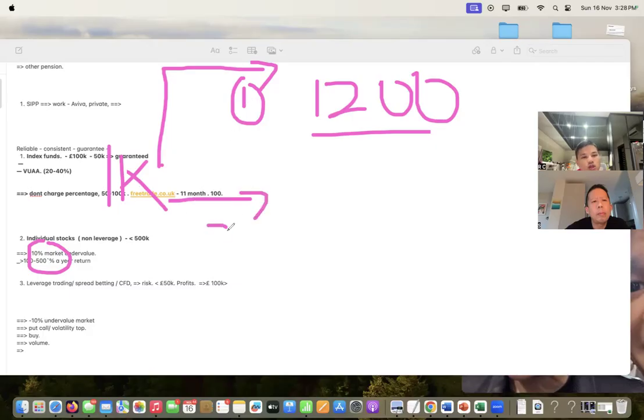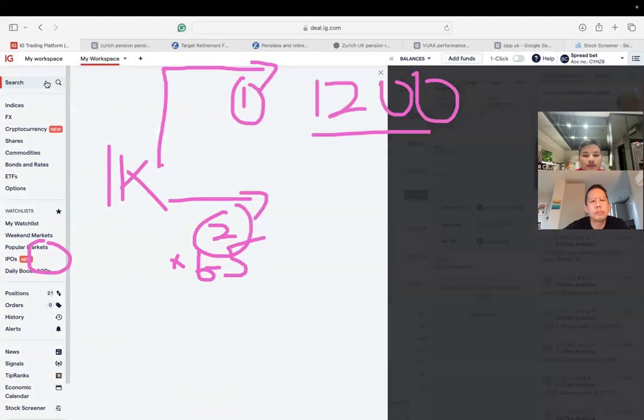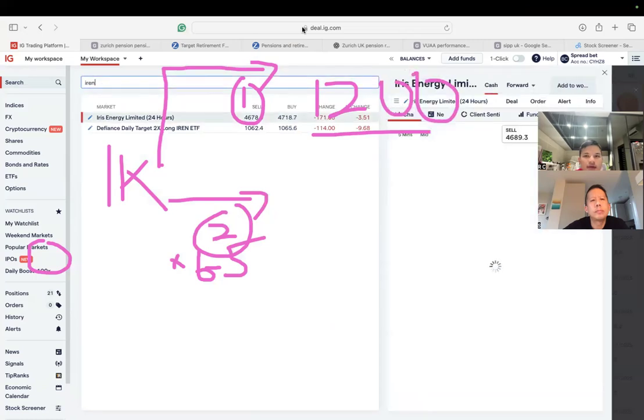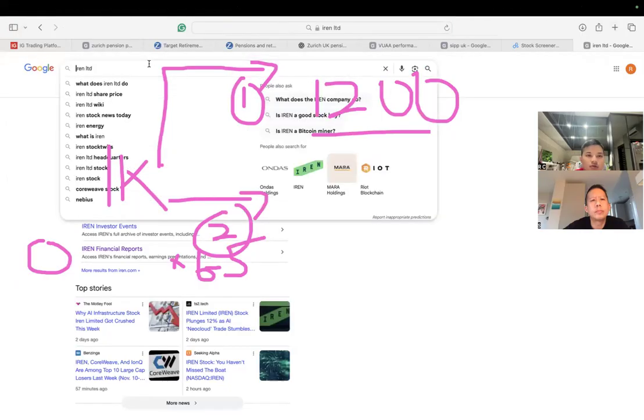The second way of what we do is individual stocks, really, really powerful individual stocks using our multi-bagger strategy. So 1K, if we do individual stocks, you will have times six, usually times six or times five of your return. If you buy Credo, if you buy Palantir, if you buy Aaron, let me show you. Let me type Aaron LTD stock.